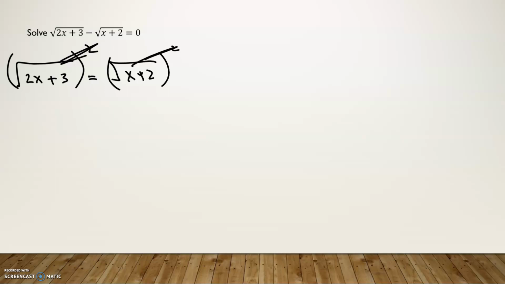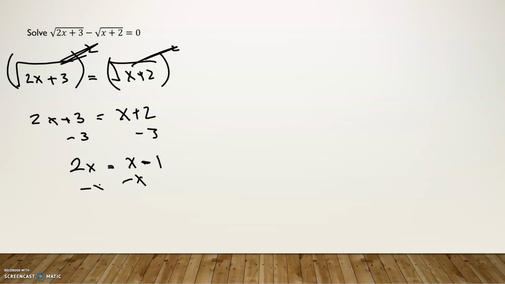These are going to cancel, and I'm left with what's inside. 2x plus 3 is equal to x plus 2, and I'm going to subtract 3. So 2x is equal to x minus 1. Subtract x from both sides, so I have x is equal to negative 1.